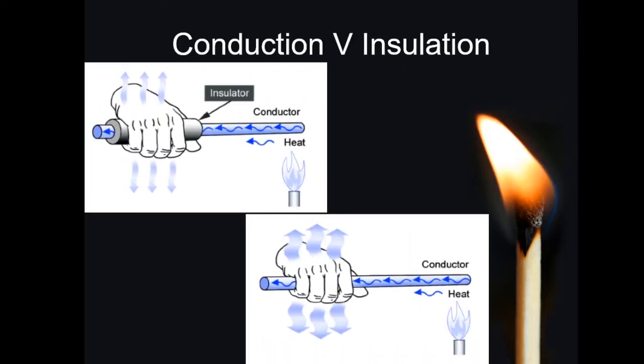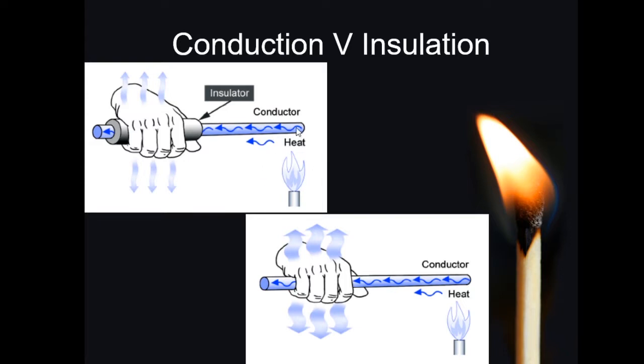Conduction versus insulation. Here we have two pictures, right? On the top picture, we see the hand grabbing an insulator, which then has a pipe of conductor that is directly on top of heat.